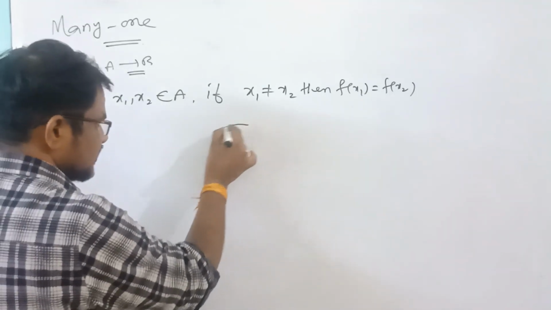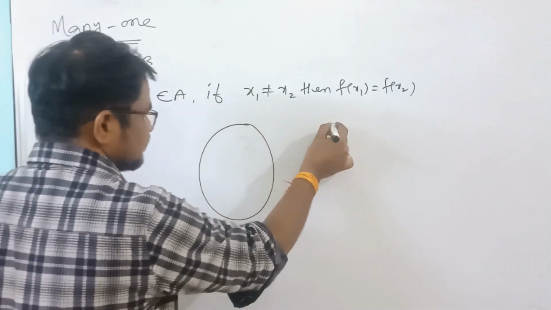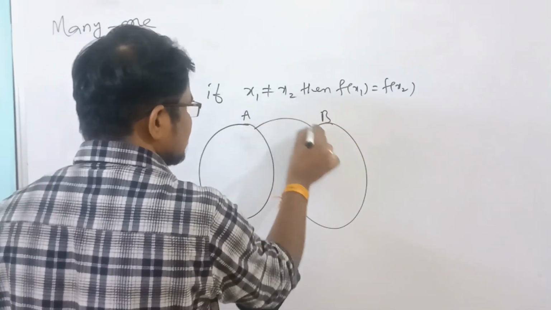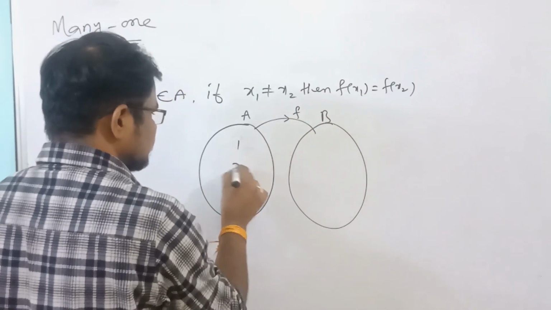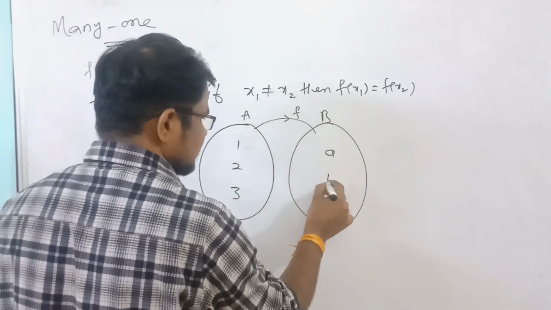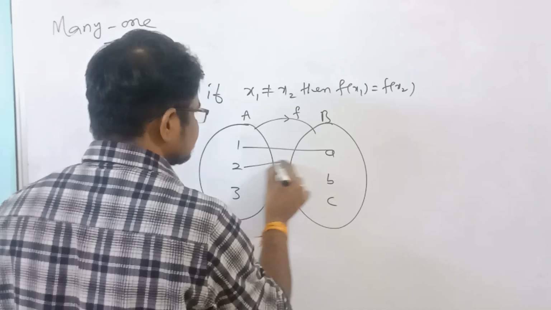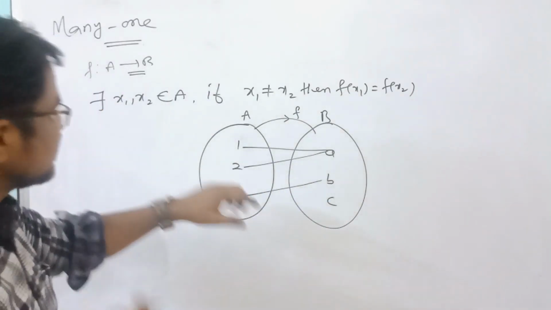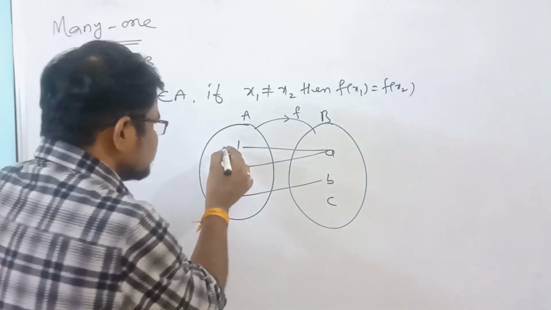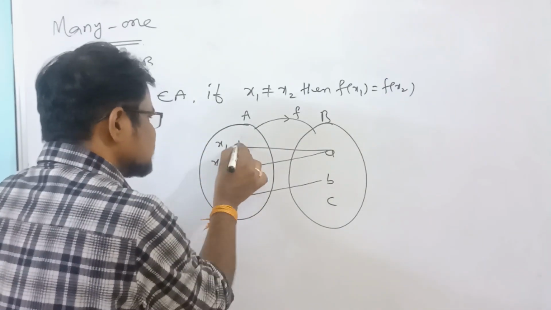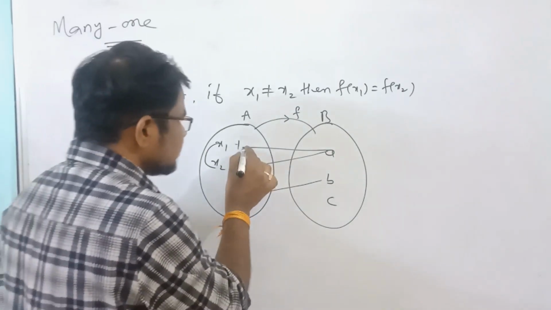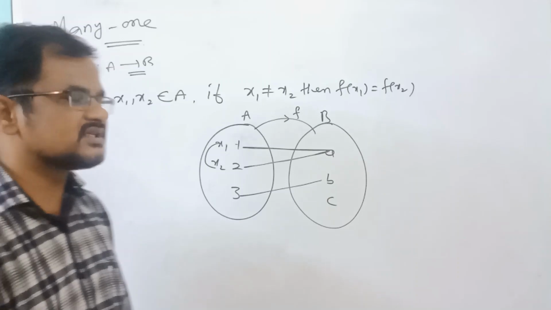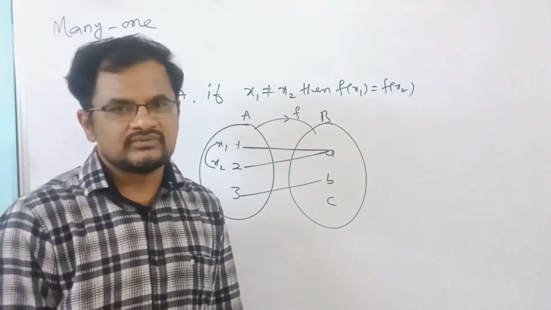Like we have already seen in the verbal description of the many to 1 function. You take this as A, this as B, this as f, with 1, 2, 3 as A and a, b, c. Like this. So here x1 not equal to x2, this as x1, this as x2, even f of x1 equals f of x2. So this type of function is called a many to 1 function.